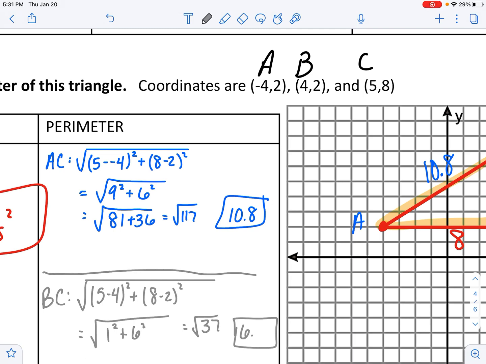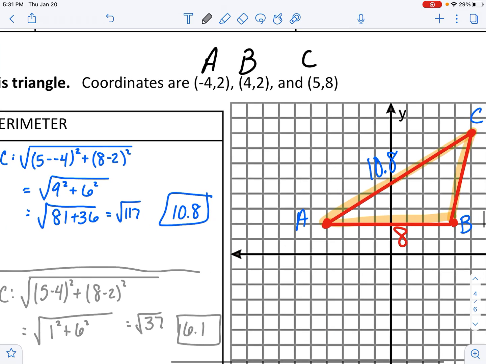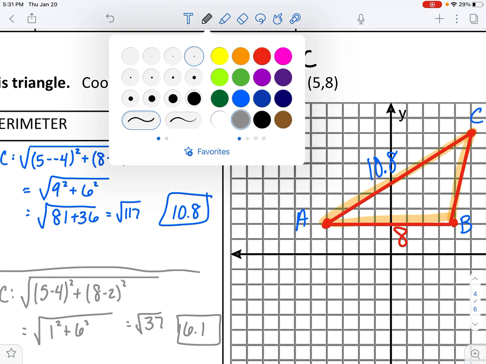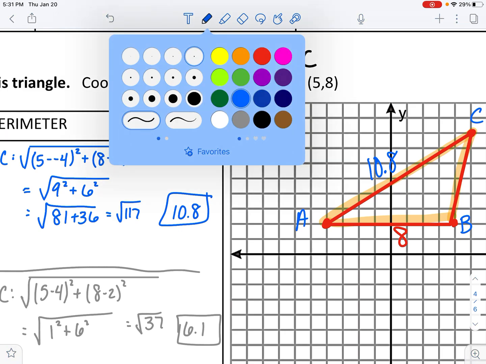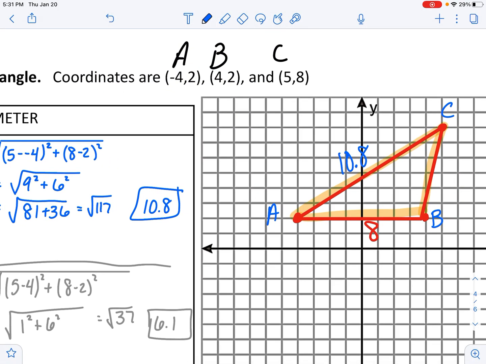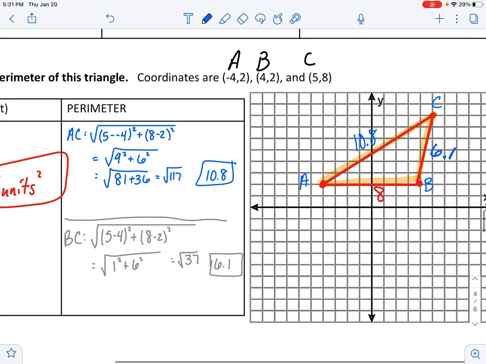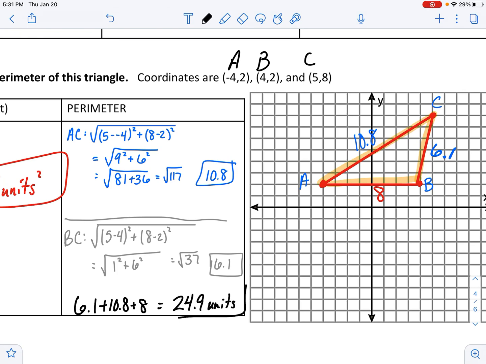Now the square root of 37 is going to be 6.1, or 6.08. And if you add those up, 6.1 plus 10.8 plus 8 should get you 24.9 units around the whole perimeter.